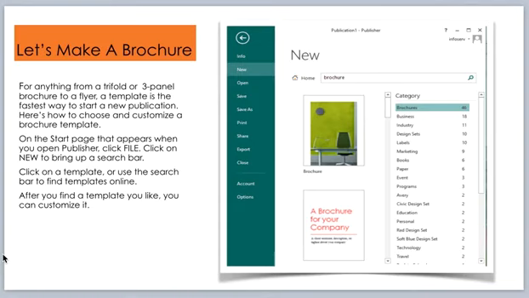We typed in brochure, and as you'll notice a little lower to the right, there are 46 templates just for brochures. You can use one of these existing templates, or you can use some that you find on the internet. You just need to make sure that it is compatible. Once you find the template that you like, you just start customizing it.